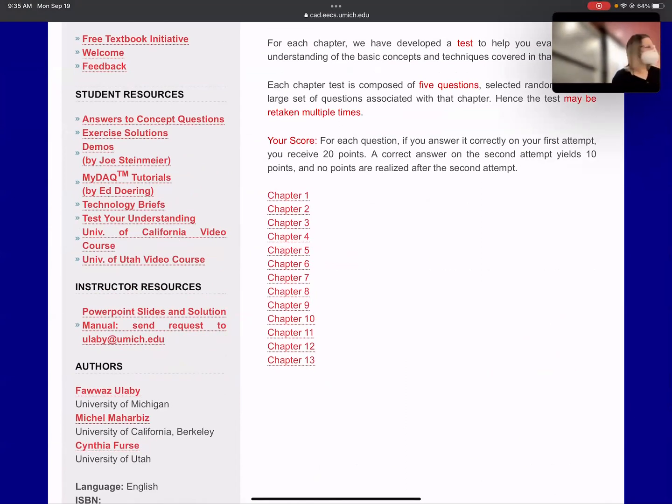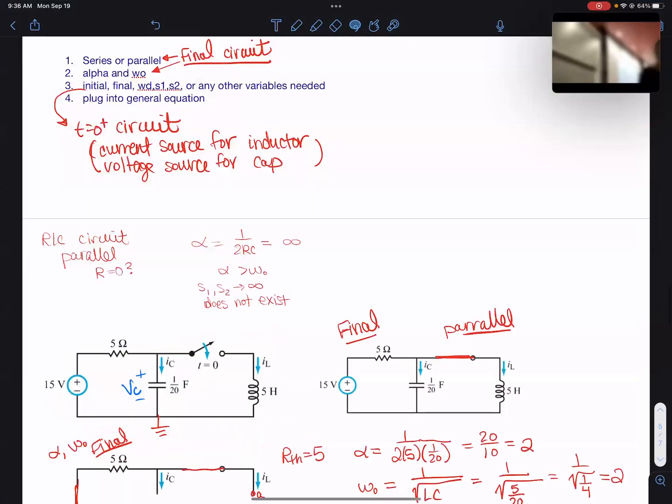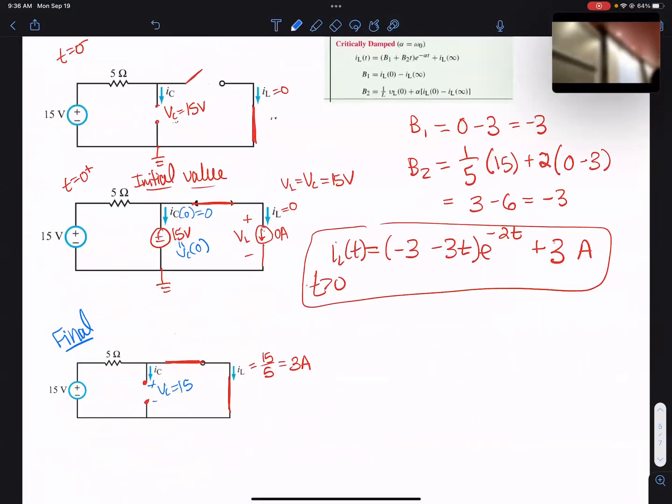I just had a quick question. This was the equation we got, and it had I of t, and I forgot the amps as well. But if we're trying to find I of C, wouldn't we take the derivative of this? So IC is going to be a little different.